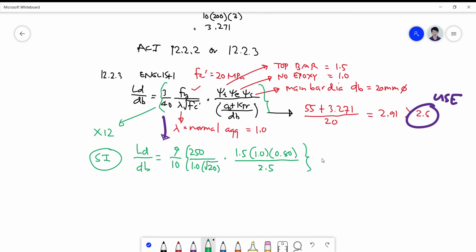Okay, so what's your LD over DB? So let's compute for it.